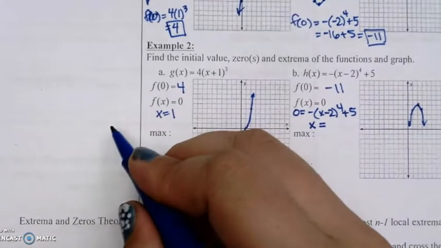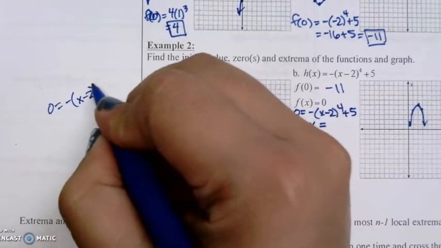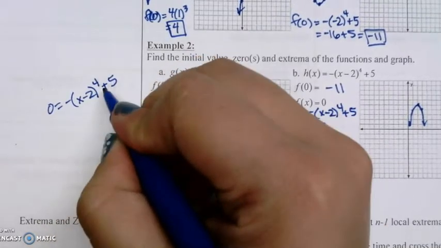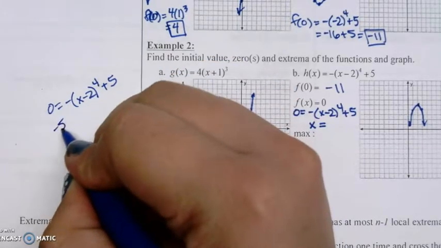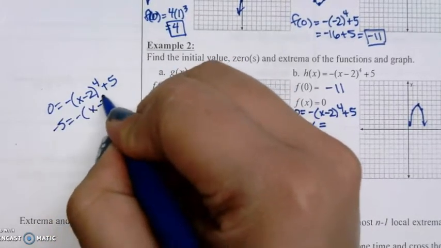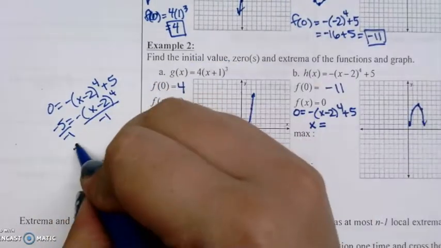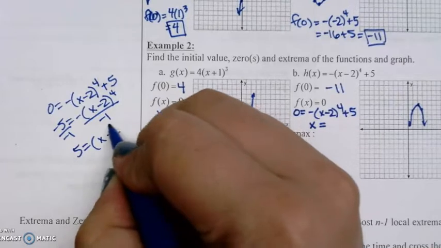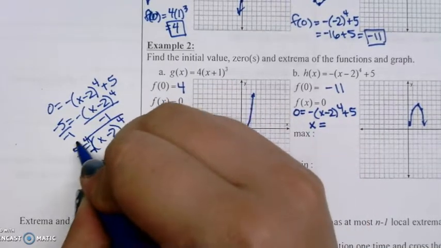So I'm going to show you this work on the side here. 0 equals negative x minus 2 to the fourth plus 5. I want to get x by itself, so I'm going to subtract the 5. Minus 5 is negative x minus 2 to the fourth. Divide by negative 1 to get rid of those leading negatives. 5 is x minus 2 to the fourth. Now I want x, it's stuck in here, so I need to take the fourth root.